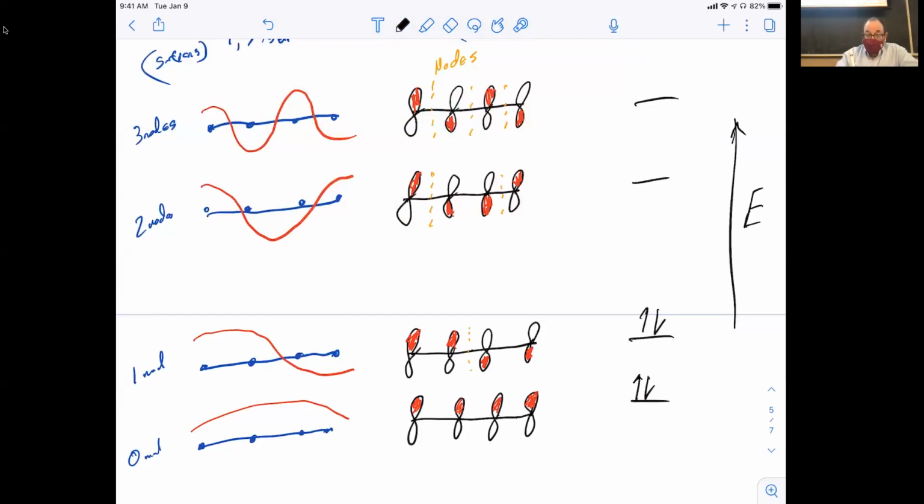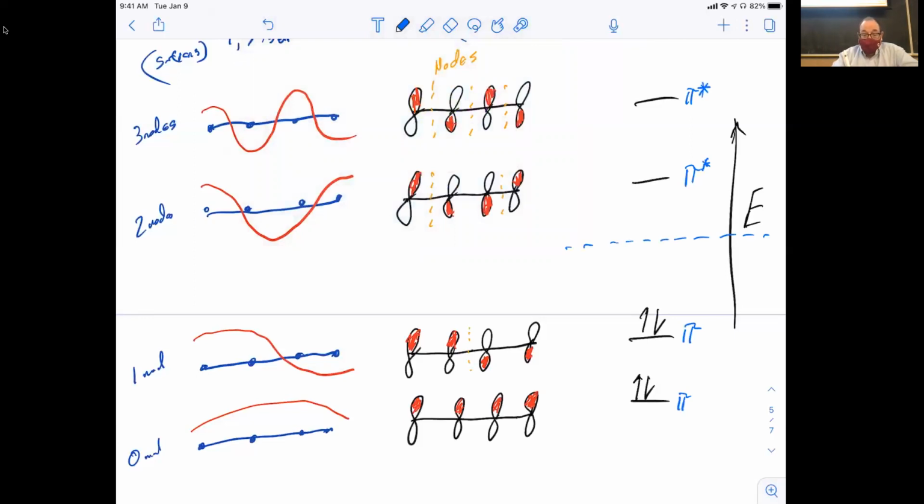So what we have here is our energy gap. Now we've gone from our pi's to our pi stars, from our bonding to our anti-bonding. Our bonding are full, our anti-bonding are empty.